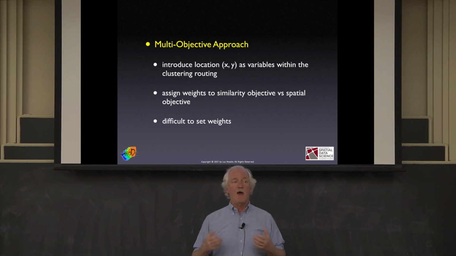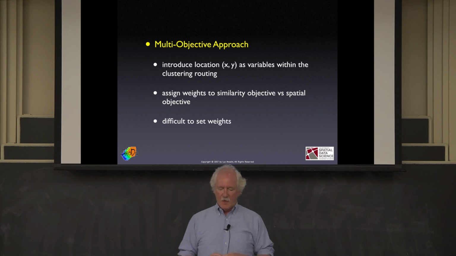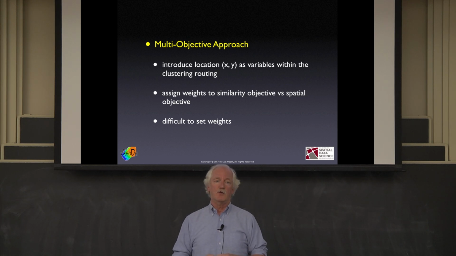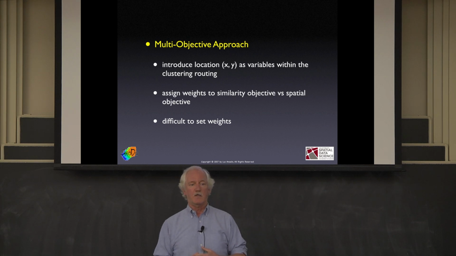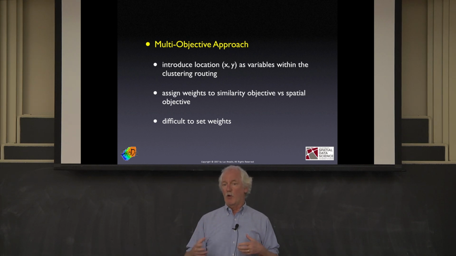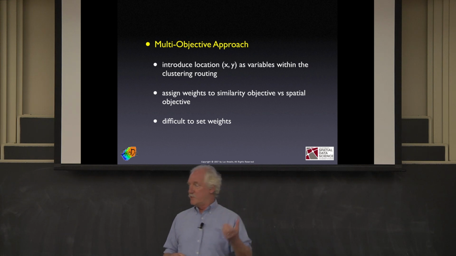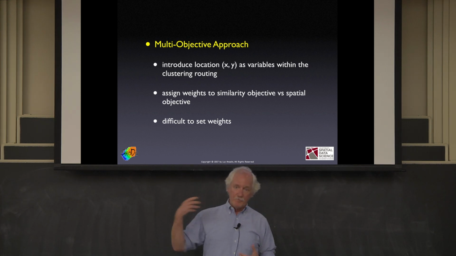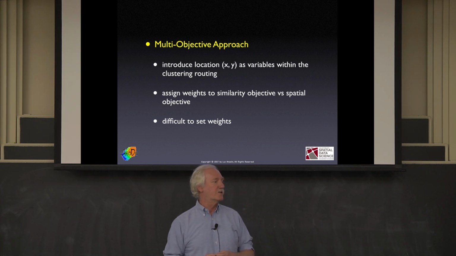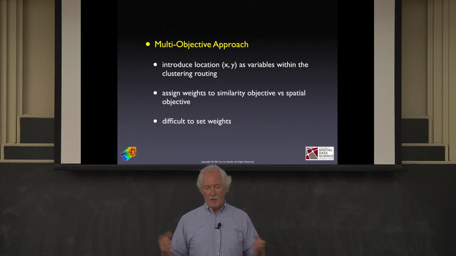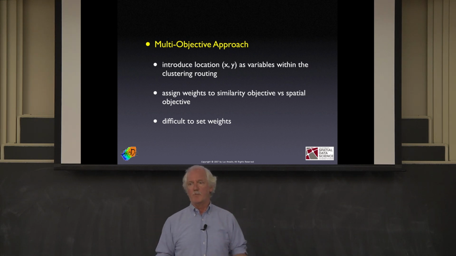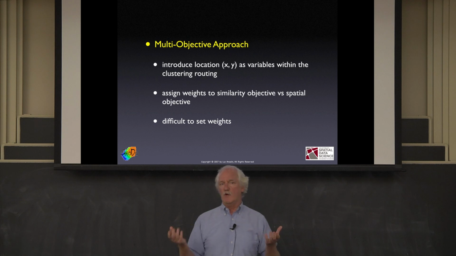Do they make them compact enough? That is problem specific. Another way to deal with this is to turn it into an explicit multi-objective problem. Multi-objective is having multiple objectives. One objective is attribute similarity. The other objective is locational similarity, and so we do some kind of weighted optimization. Then the question is, what should the weights be?